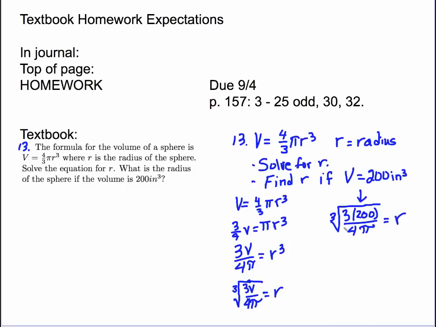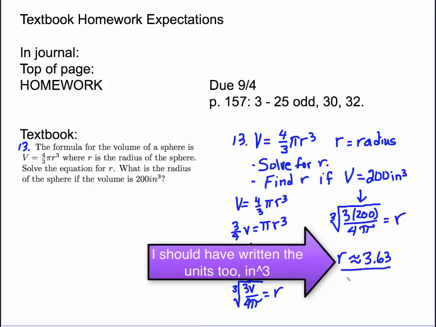And then this is something that you might do on a calculator, and you'd finish the work on your calculator, and you would find out that r is approximately equal to 3.63. And then you might just say that you did this on your calculator.